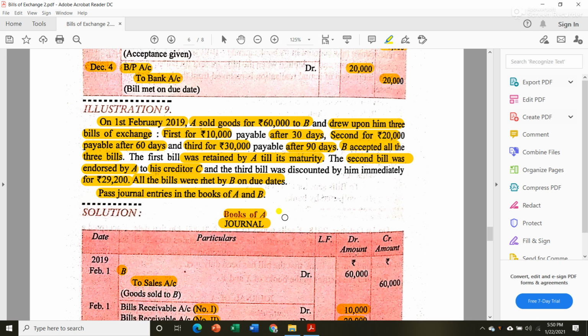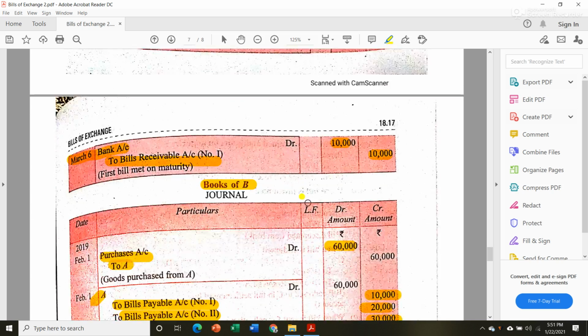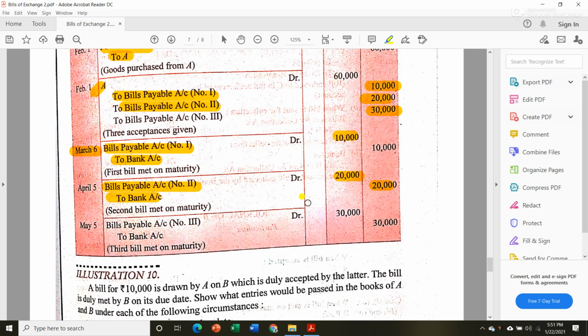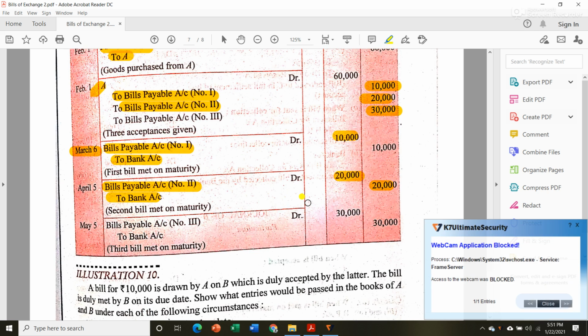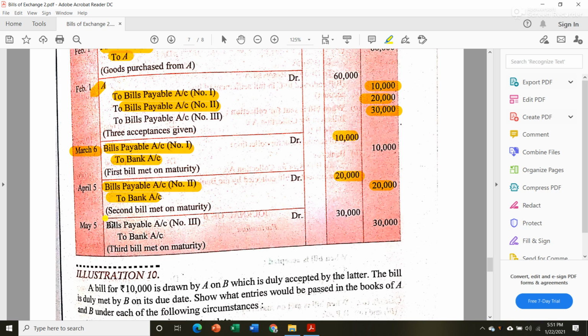So when we calculate 90 days, the third bill was for 90 days. So after 90 days from 1st February, it will be May 2nd. So add 3 more days of grace, so it will be 5th of May. On the 5th of May, he met the third bill, that is bills payable account number 3 to bank account rupees 30,000.